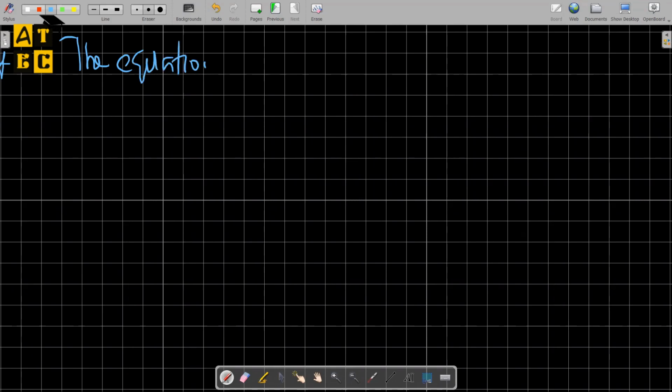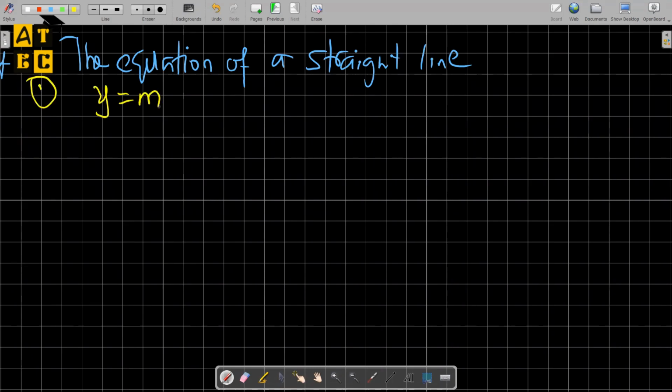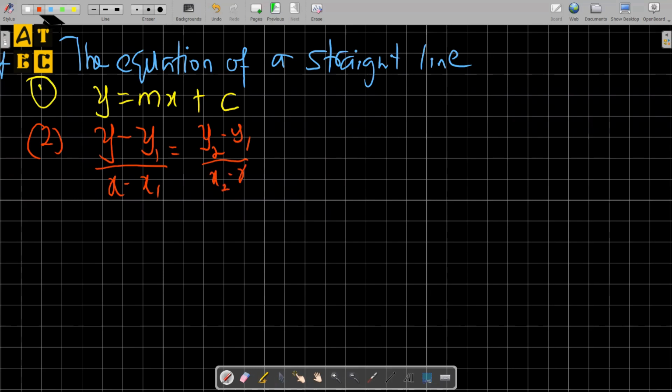Equation of a straight line. One is y equals mx plus c. Two is the 2-point form, like we have done, which says (y minus y1) over (x minus x1) equals (y2 minus y1) over (x2 minus x1).